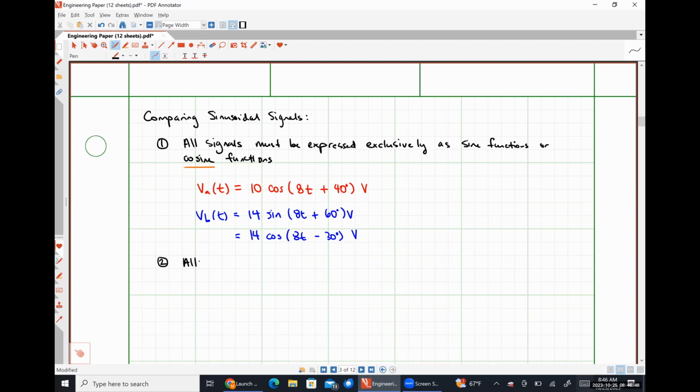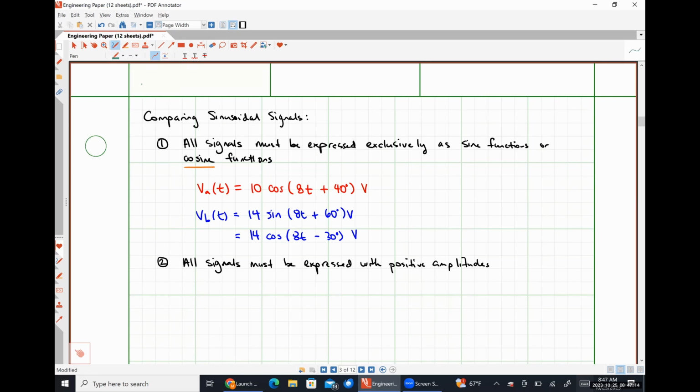My next rule is that all signals must be expressed with positive amplitudes.